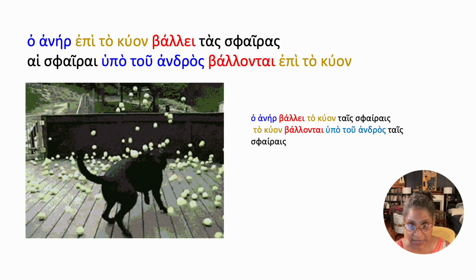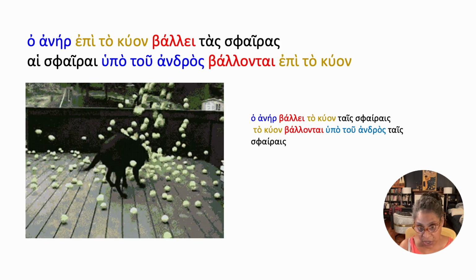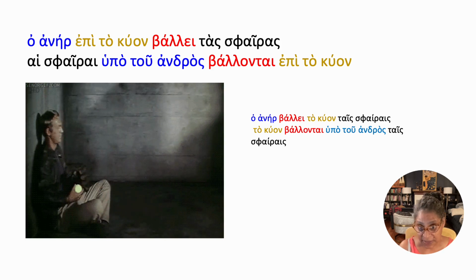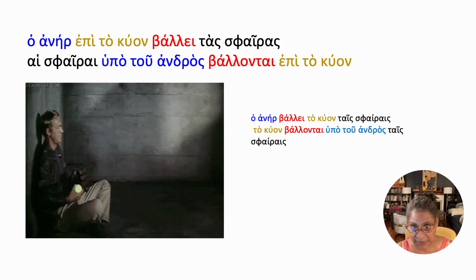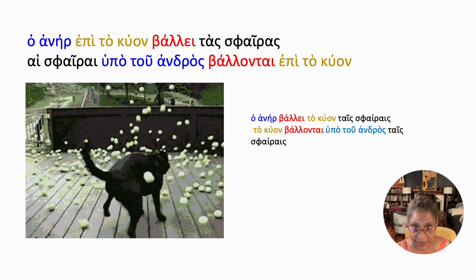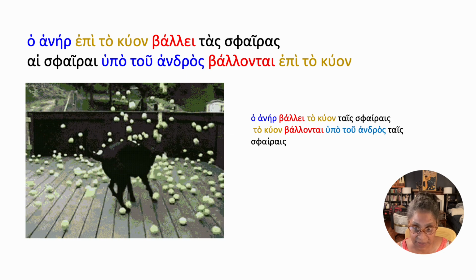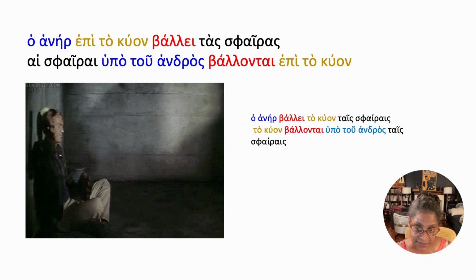You see that? So tokuon, the dog, is being hit, balontai, by the man, hupo tou andros, with the balls, tais sphairais. So the dative is being used here as the instrument, the thing that's hitting or doing the action or helping out with the action.